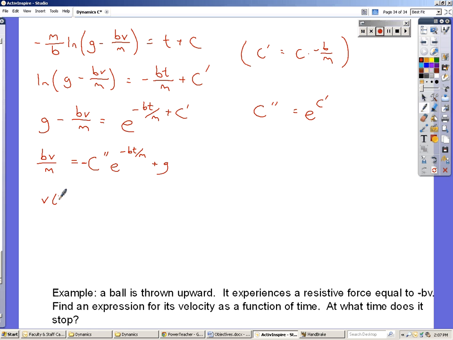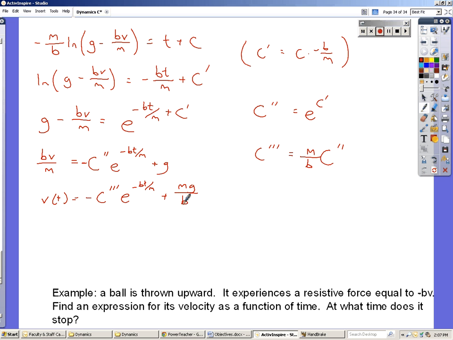Then v of t is equal to negative c triple prime, which is m over b times c double prime, e to the negative bt over m plus mg over b.